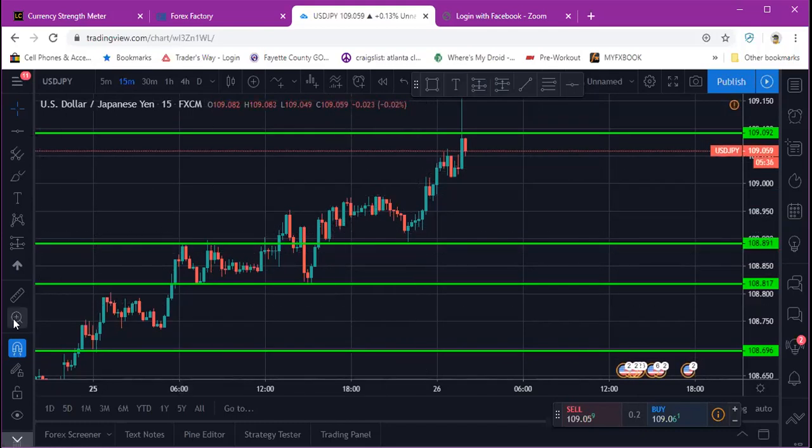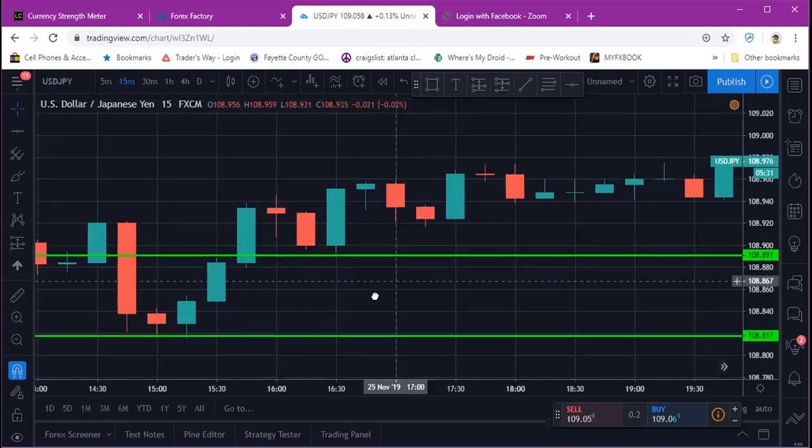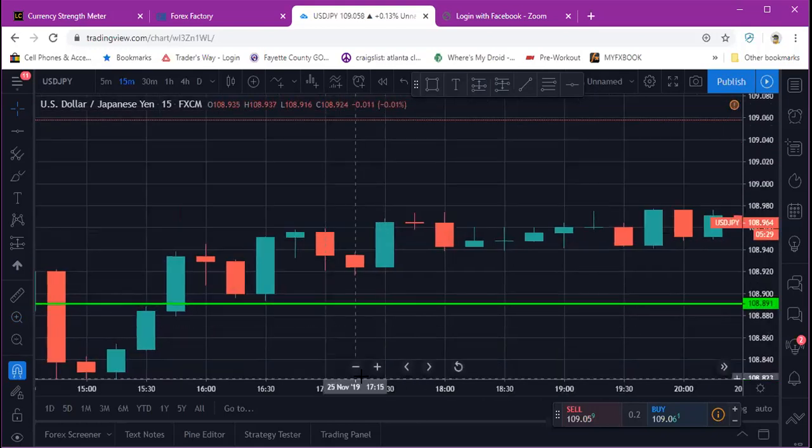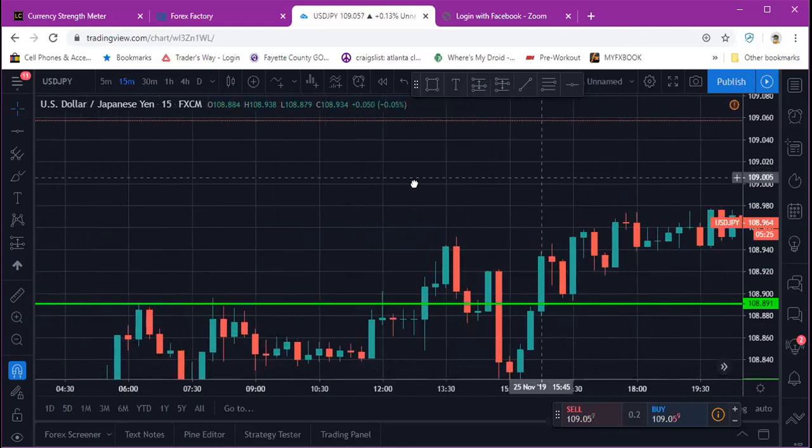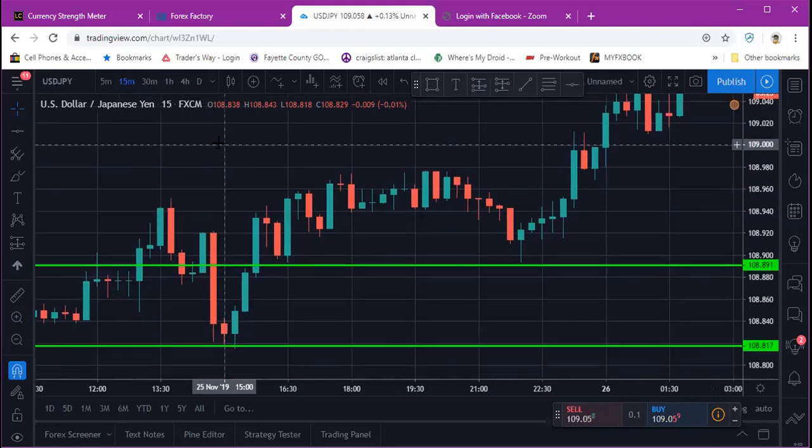Let me blow it up a little bit. So you broke through on this candle, and you're waiting for another green candle, because if this was a green candle, I would have jumped in on this one because it would have had some distance away from my support line here.